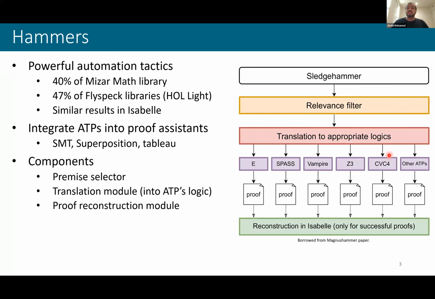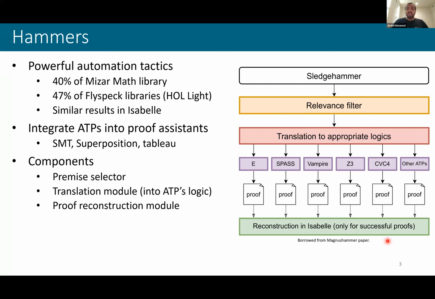So an example of this would be the Sledgehammer tactic in Isabelle. And here you see that it starts with a relevance filter that basically filters out all the non-relevant lemmas that are not going to be used by the theorem provers. And then from there, it translates the problem into the proper logic and sends it to multiple theorem provers. And if one of those succeeds and gives us a proof, then there is a reconstruction module in Isabelle that basically returns the successful proof.